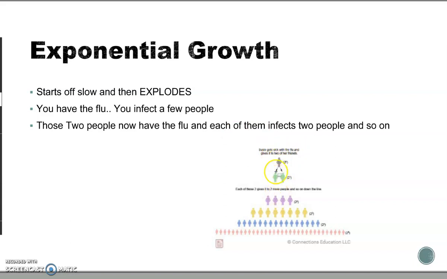You give the flu to your brother and sister. Your brother and sister then give the flu to 2 other people. So now 4 people have it. Those 4 people each infect 2 more people and so on. So starting with you having the flu, look how fast it grows. This is called an exponential growth function.